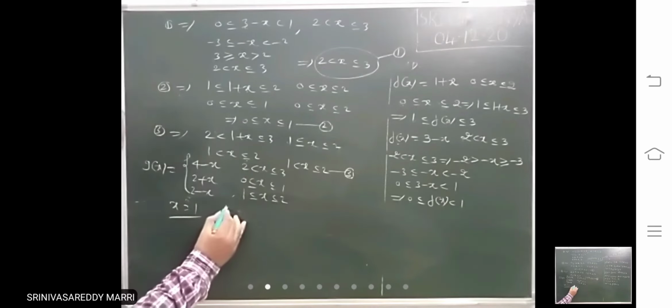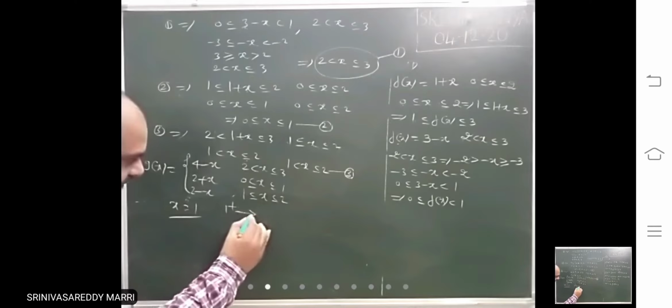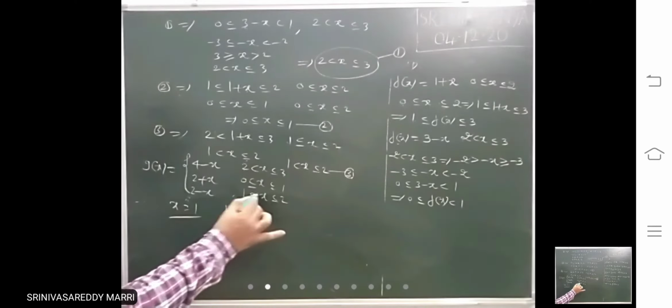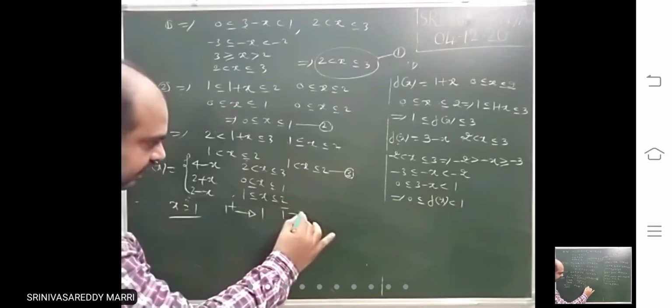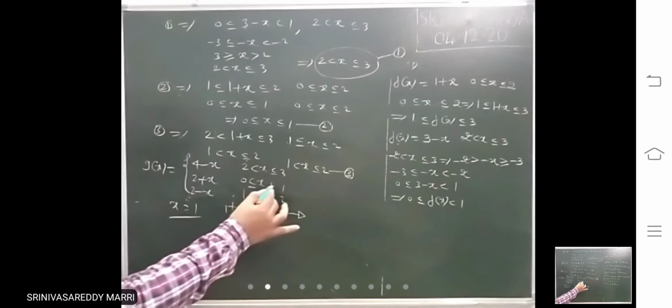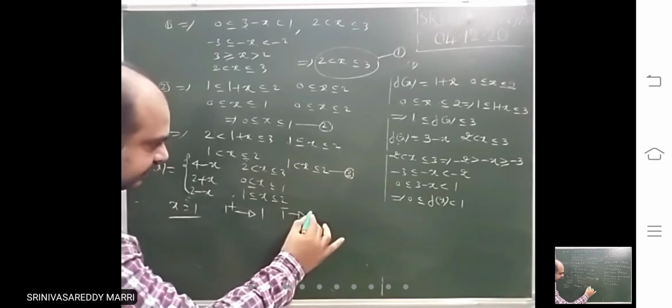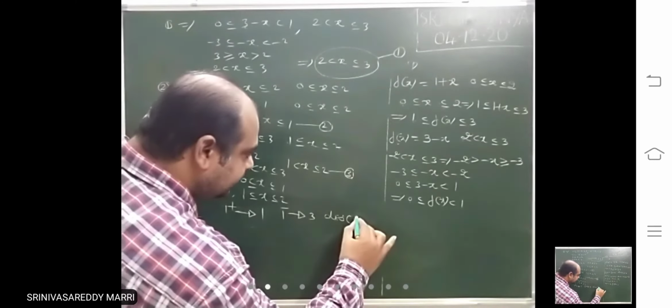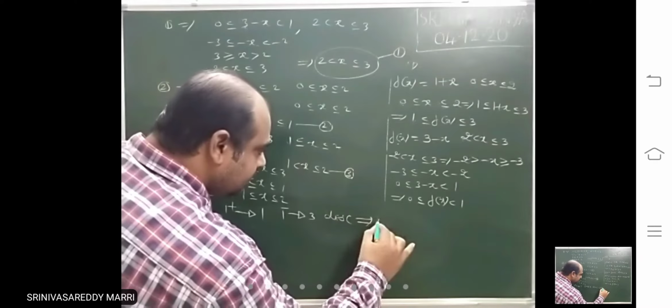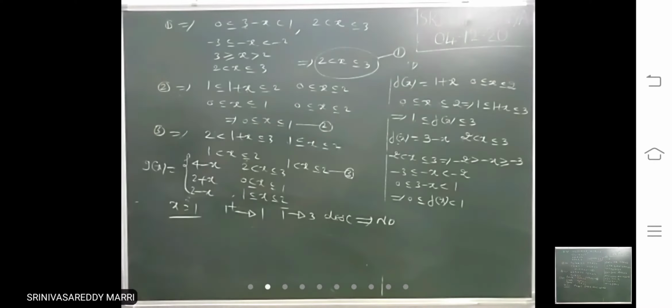So for continuity, 1 plus is 2 minus x, 2 minus 1, 1. 1 minus, the left limit at 1, means 2 plus 1, 3. So therefore discontinuous. Discontinuous means not differentiable at x equal to 1.